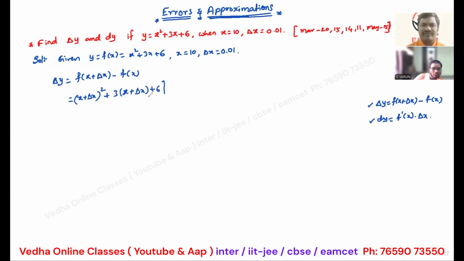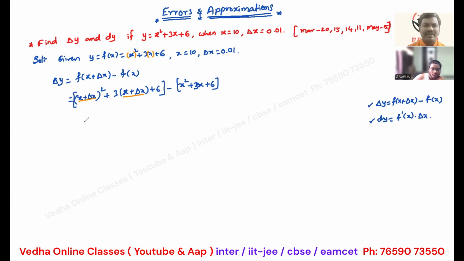This is the f of x plus delta x value, minus f of x. f of x is nothing but the same function written as it is. Wherever we have x, in place of x we substituted x plus delta x; remaining terms as it is.